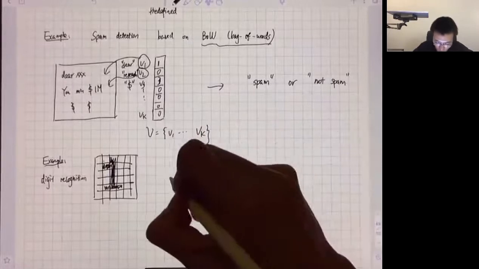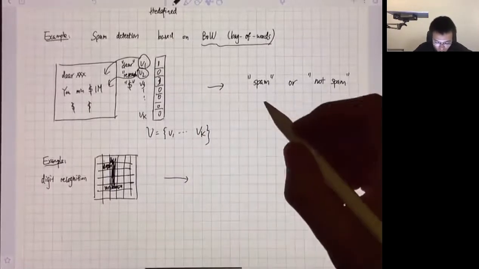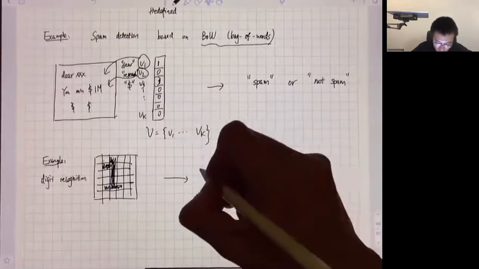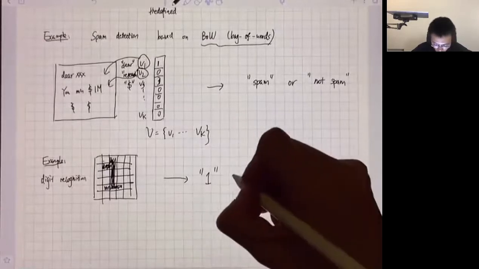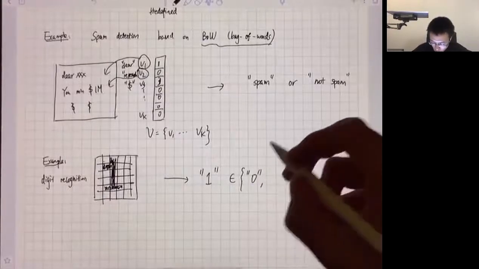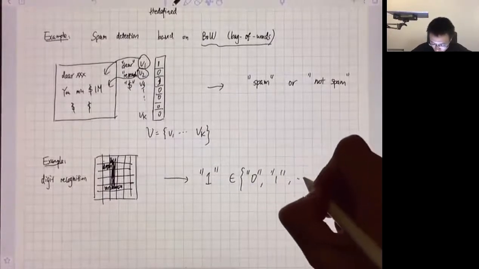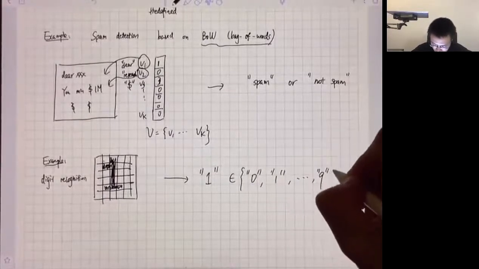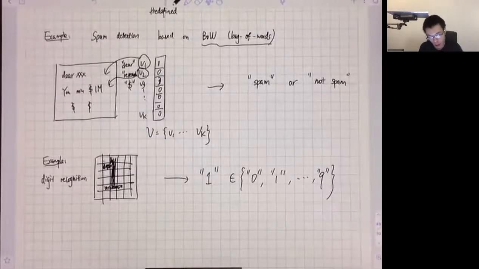And I want to model which digit it is, among 0, 1, up to 9. It's one of these categories. And I also know that this image must have one digit in it, so it's one of them. So this is the digit recognition task, and it's also a classic classification task.